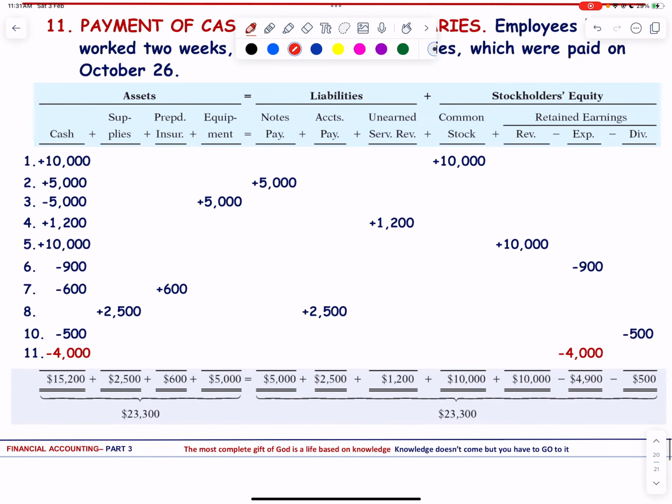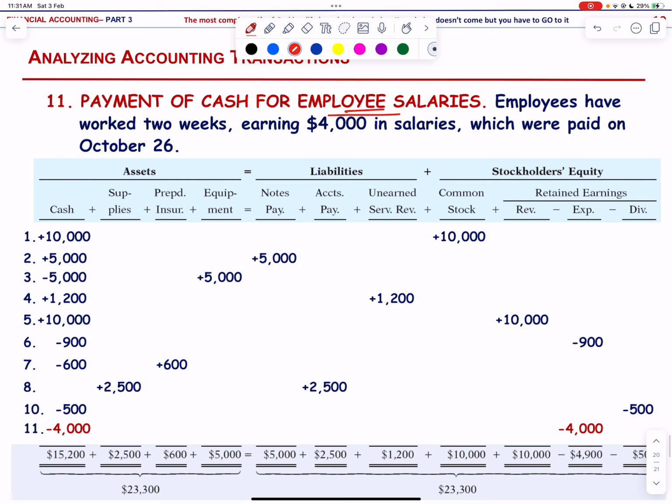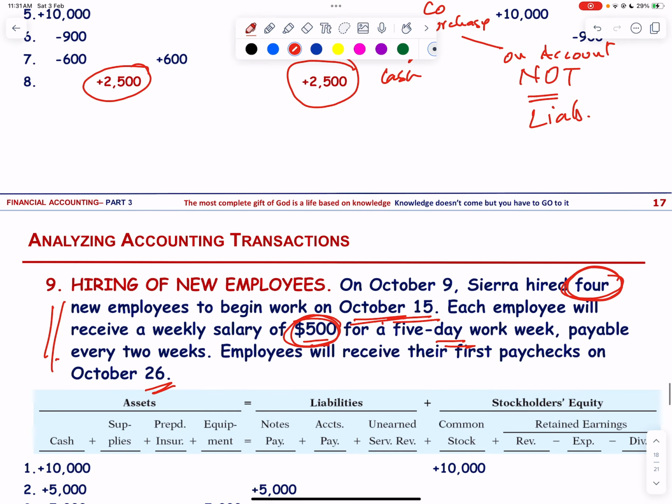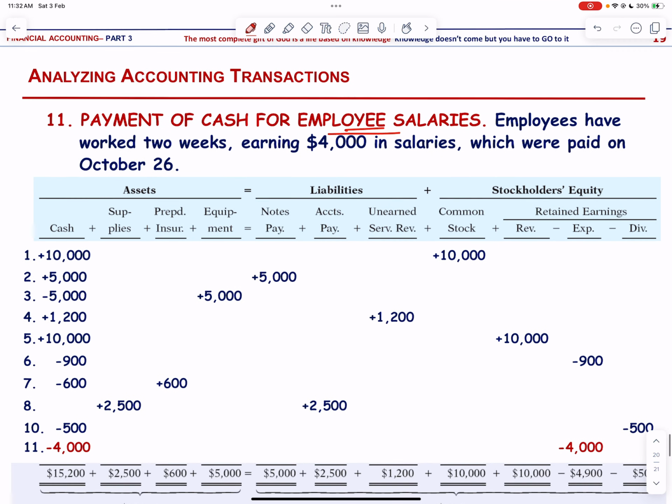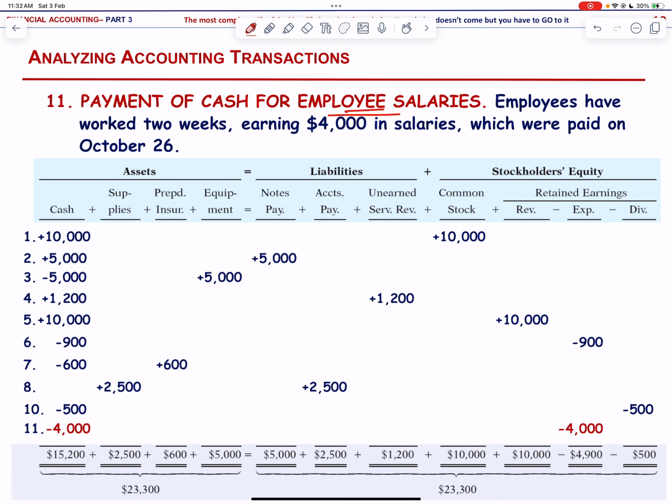Now they are going to be paid every 2 weeks. So each employee is going to receive 1,000 for the two weeks, and there are four employees, that means 4,000. So they are going to be paid 4,000. Expense is always a minus and cash is going to decrease.